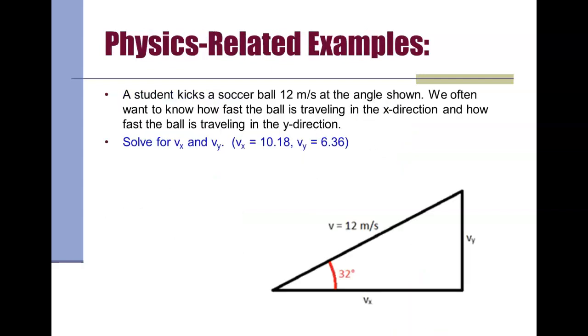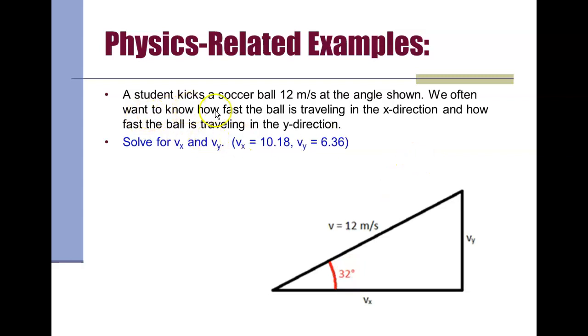All right, but now I want to show you how we will use these relationships in physics, a little taste of what is to come. So in this example, we're going to pretend that right here where my mouse is a soccer ball. So it says a student kicks a soccer ball 12 meters per second at a 32-degree angle.